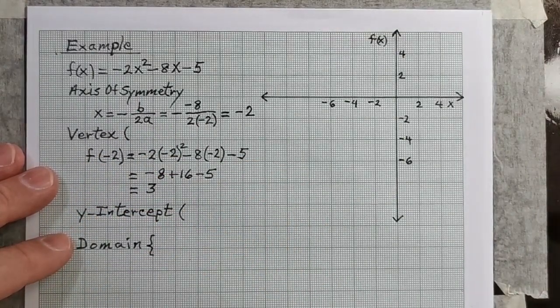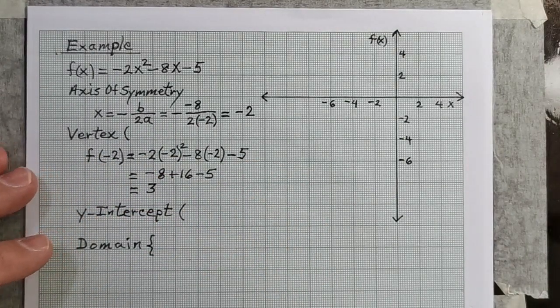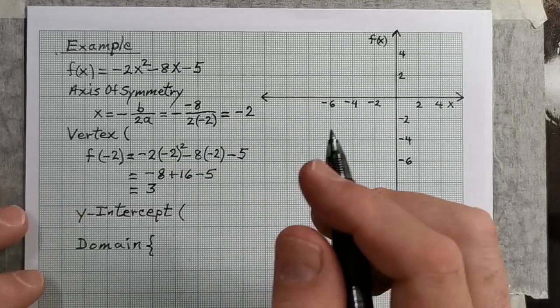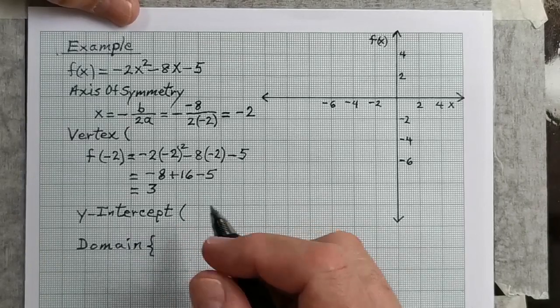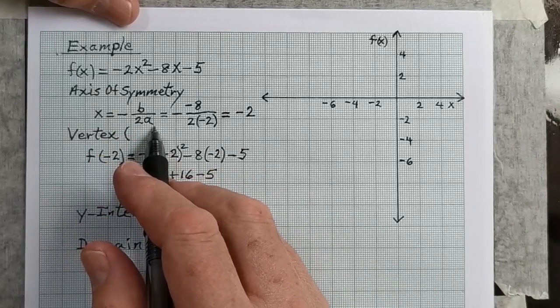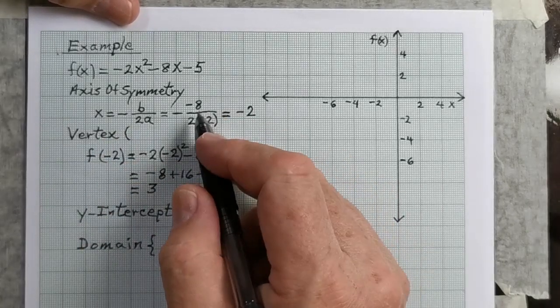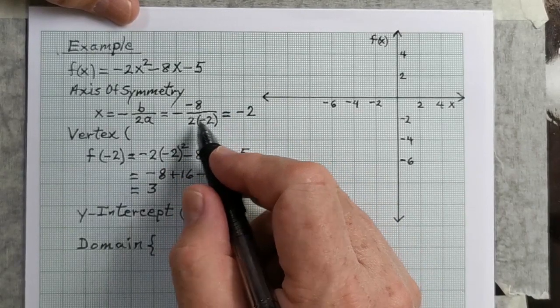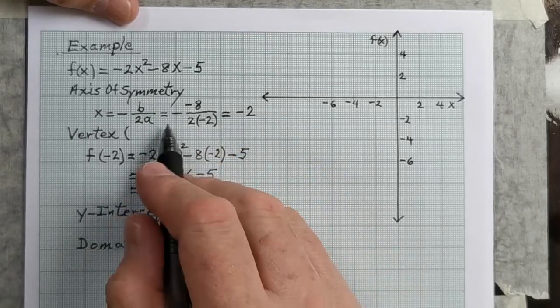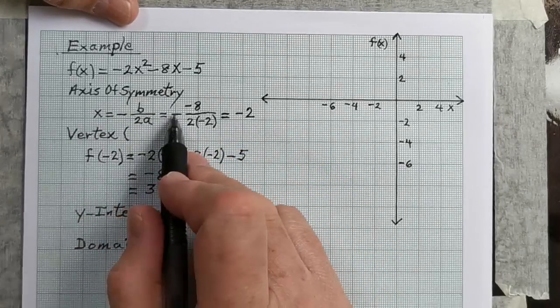The first thing we'll do, which is generally a pretty good thing to start off with, is to see if we can find the axis of symmetry. And you know the equation for the axis of symmetry is minus b divided by 2a. So we put in our b value, negative 8. We put in 2 times a, 2 times negative 2, and of course the minus sign out front.